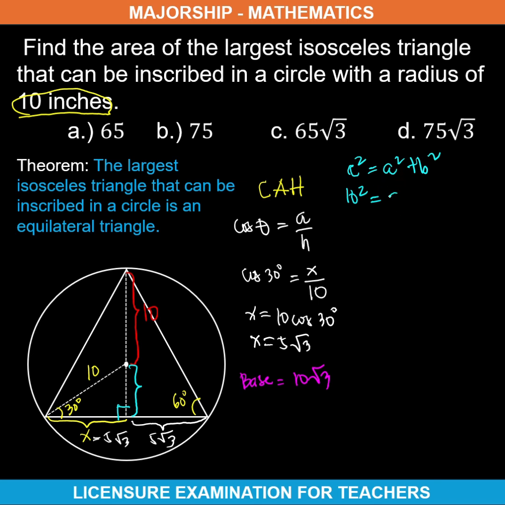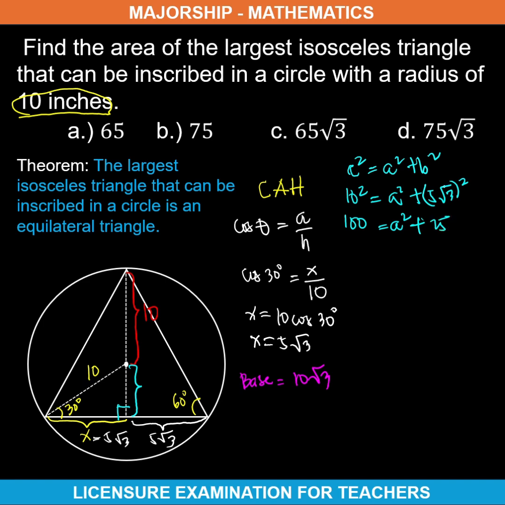A squared plus B squared. Okay, yung base natin, 5 square root of 3, 5 square root of 3 squared. Okay, 10 squared is 100, equals A squared plus 5 squared is 25.